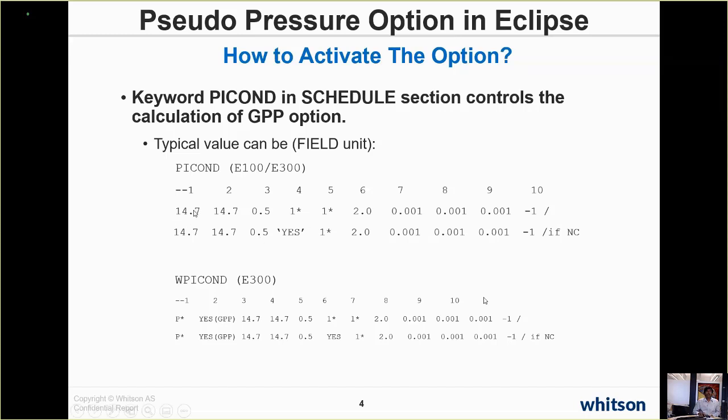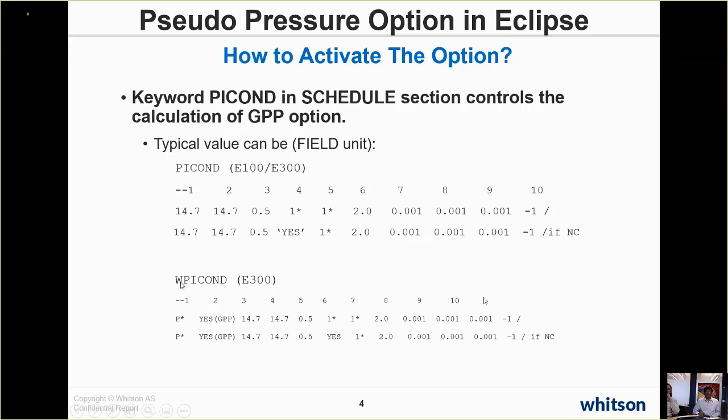This is below the dew point. What should be the delta P? It's 14.7 between reservoir pressure and dew point. This is a type of damping factor, and similarly we have other parameters here. So this PICOUNT we have to give, and it is applicable for all the wells.